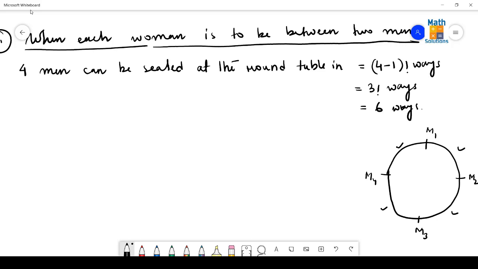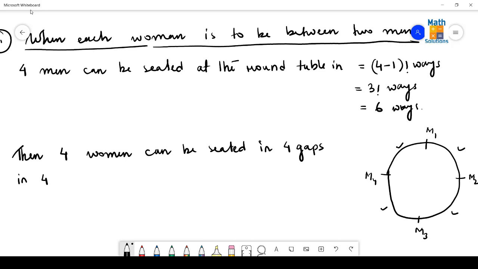So here in this case we can write then, 4 women can be seated in 4 gaps in 4 factorial ways.